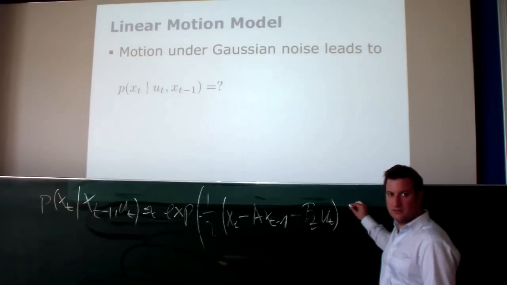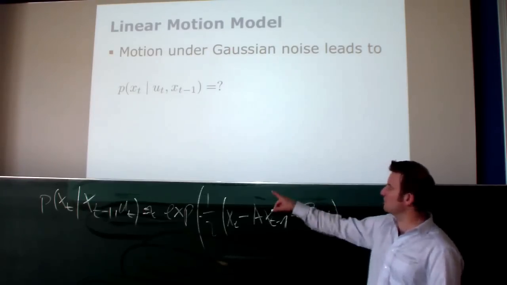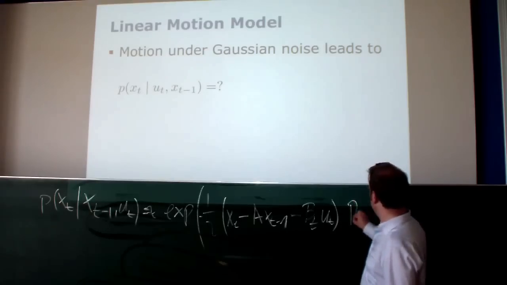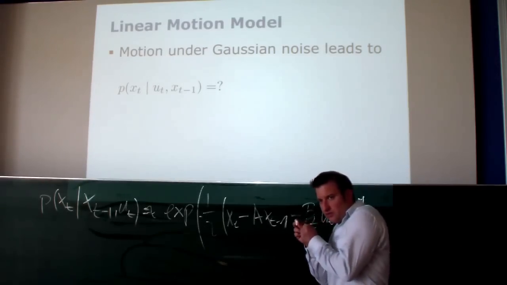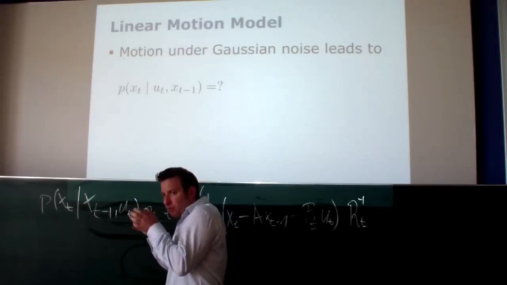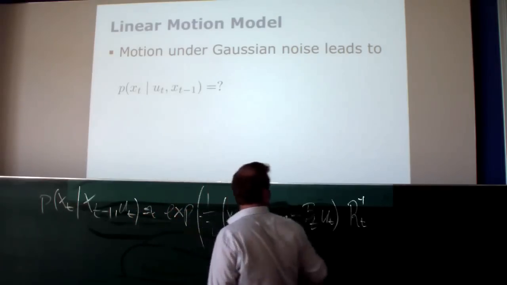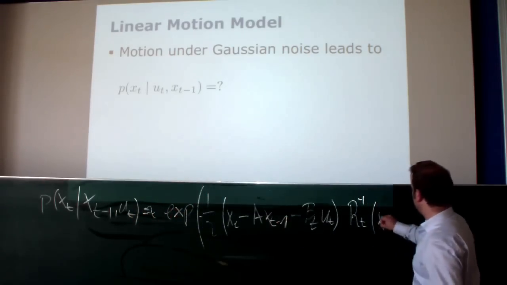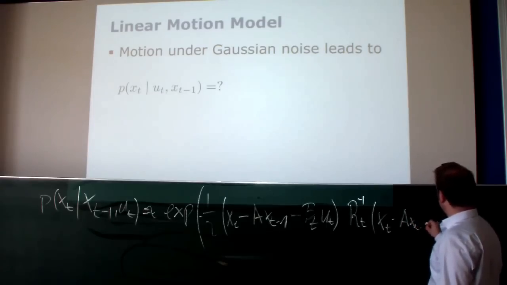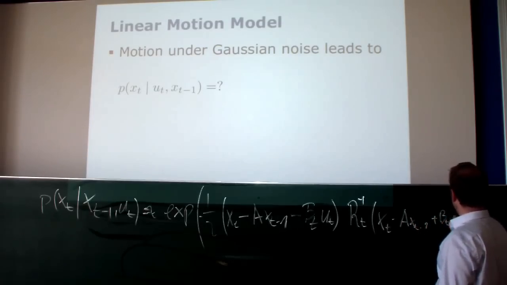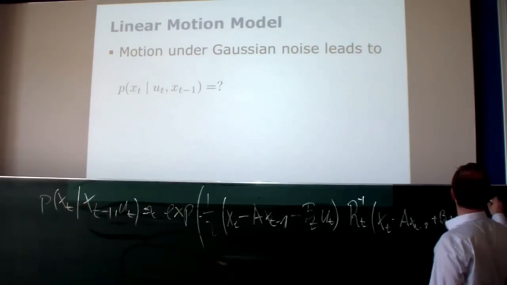Something about the observation, I mean, Ct? Maybe at the motion, but the motion term. Yeah, Rt to the power minus 1. That's the noise we introduce by making this step forward, the motion noise. And then we have the same term again, xt minus A xt minus 1 plus Bt ut, transposed.